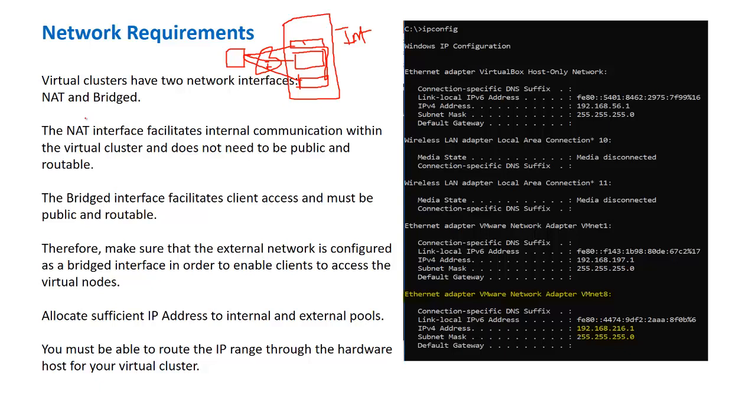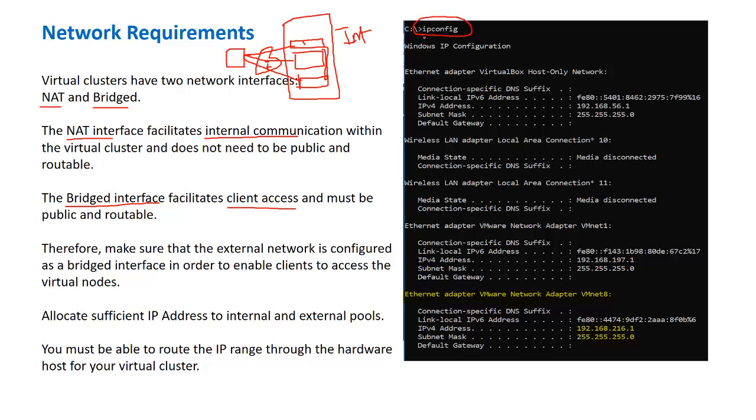Since we are deploying this simulator in a virtual environment, we need 2 network interfaces, NAT and bridge. The NAT interface facilitates internal communication, whereas the bridge interface facilitates external client access, right?